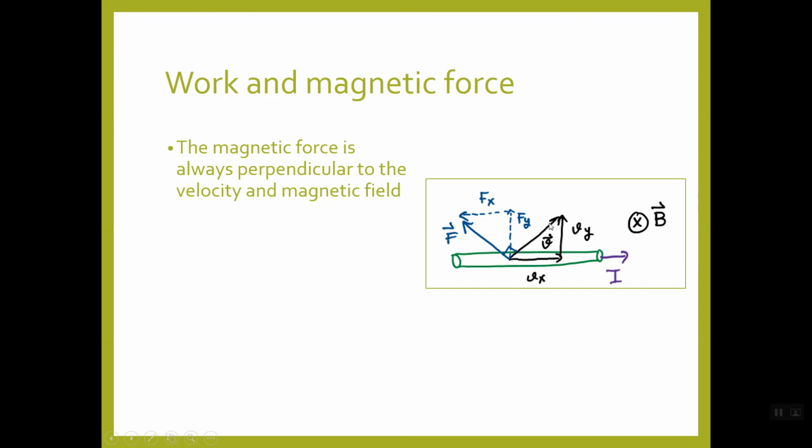The new velocity of our charges is in this tilted direction now. The magnetic force always has to be perpendicular to the velocity, so this is the direction of the magnetic force. It's also going to be tilted. Okay, so we find that the magnetic force is tilted.